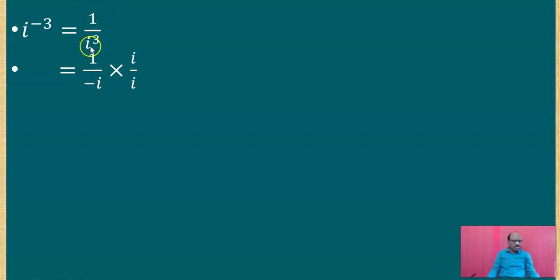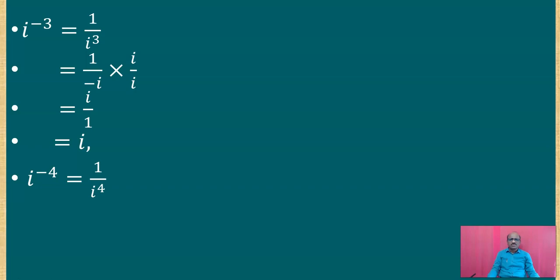Overall the value of 1 upon i raised to 3 is 1 upon minus i. Multiply numerator and denominator by i again. Then you will get i into i, that is i square, minus i square, but i square is minus 1. Overall that will become plus 1. Okay, 1 into i is i here, and we get the value i raised to minus 3 is i.